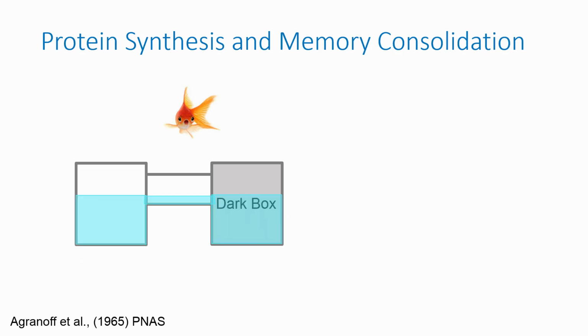So there are two chambers in this fish tank. One chamber is well lit, and the other chamber is dark. There is a connecting path between these two chambers. As you can see from the water level I have indicated in blue, the water levels in the tanks are pretty good, and the fish can swim all around.